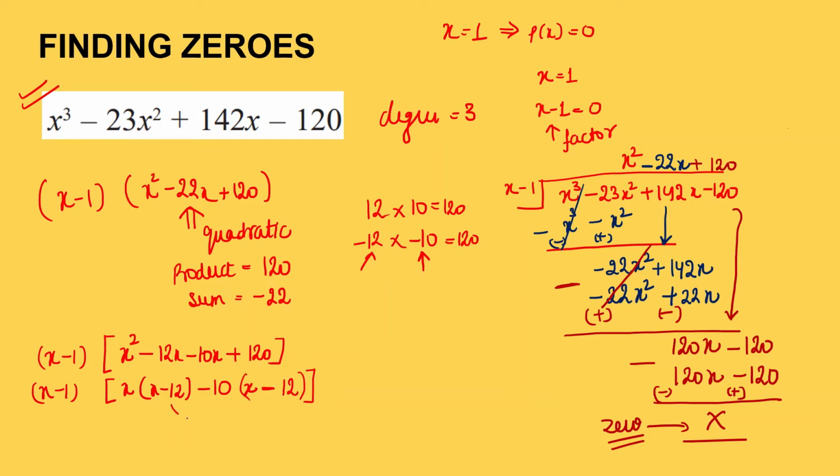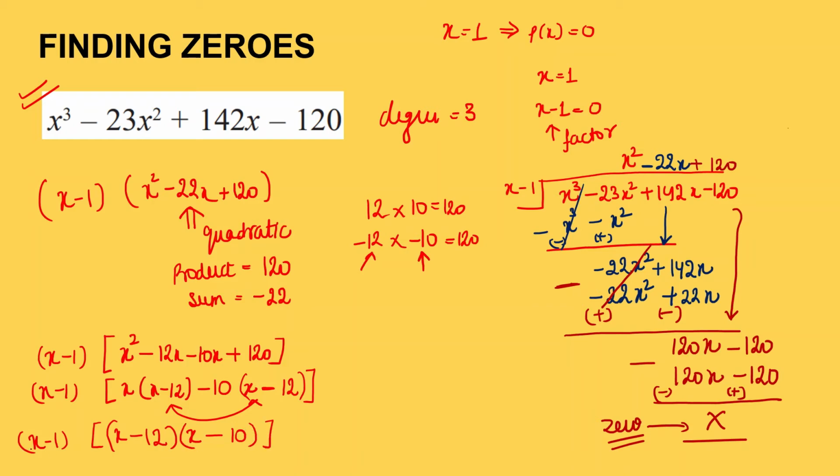We need to check these two brackets. These two brackets should be exactly same. If they are not same, that means you have done something wrong. X minus 1 is already outside. You can take x minus 12 outside and you will be left with x and minus 10.